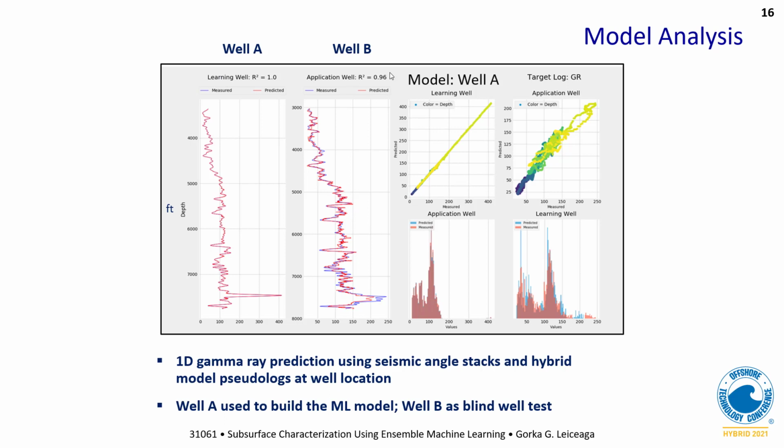You see a significant, well, I wouldn't call that significant, but a drop in quality. Now, you also have here your cross plots between measured and predicted for both wells, and histograms. These are quality control measures.